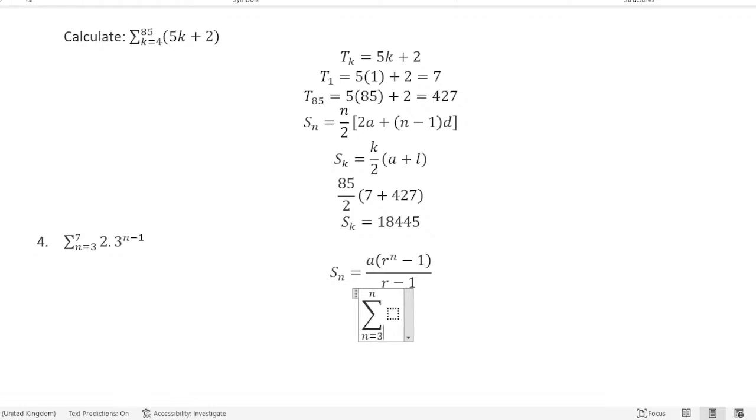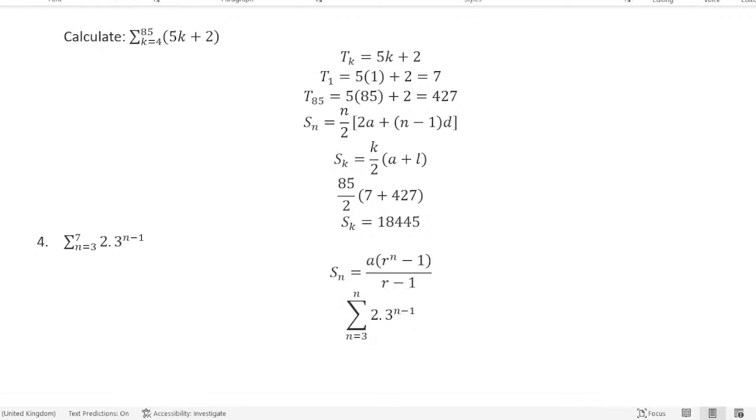In this case, it starts at 3. This expression represents tn, which in this case is 2 times 3 to the power n minus 1.